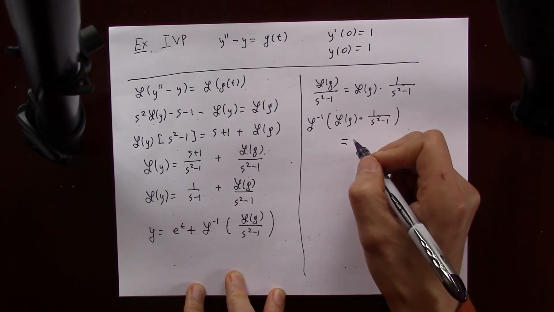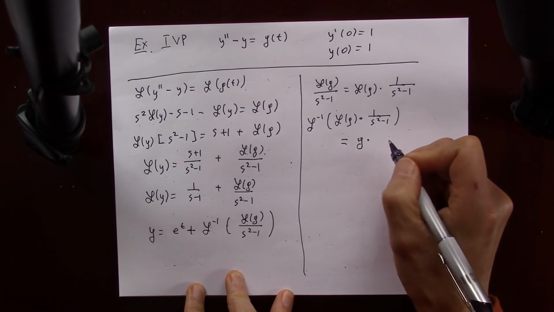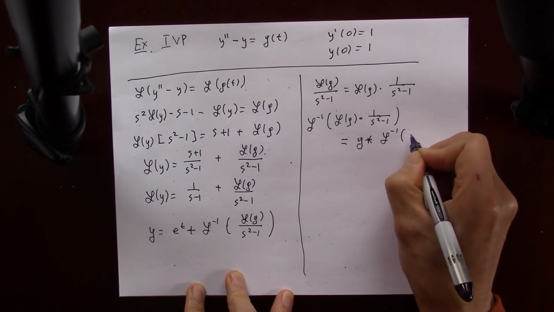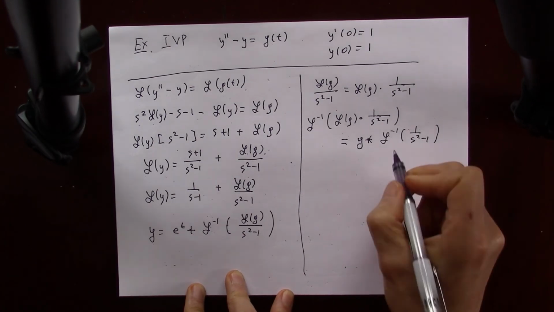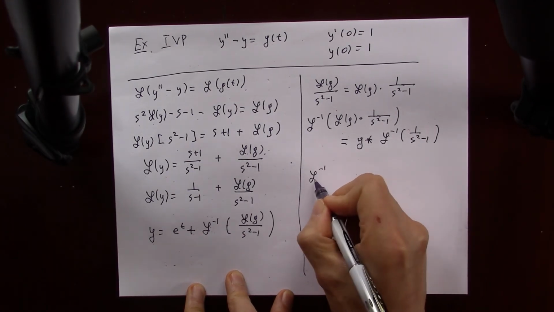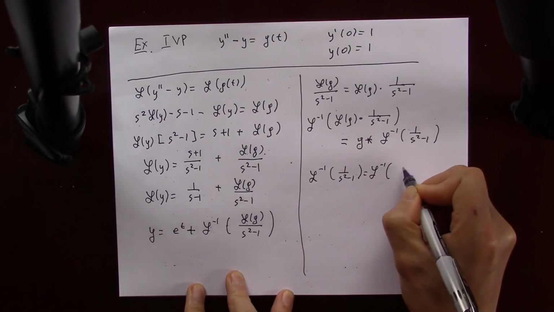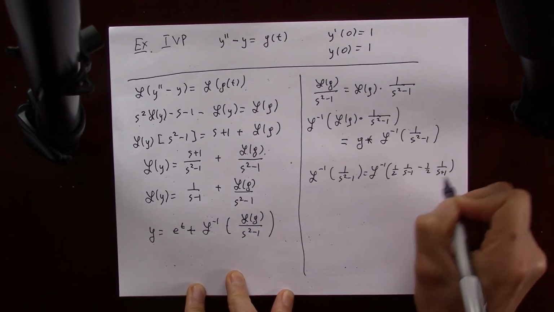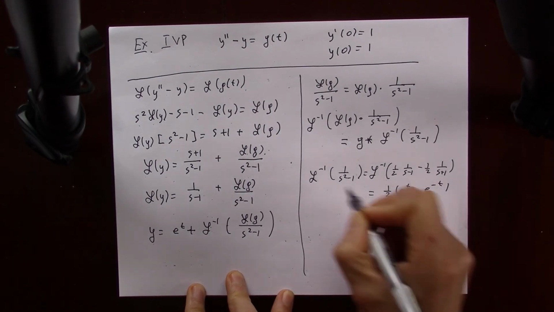It will be the convolution of Laplace inverse of the first one with Laplace inverse of the second one. So let's find Laplace inverse of 1 over s squared minus 1. That is Laplace inverse of 1/2 times 1 over s minus 1 minus 1/2 times 1 over s plus 1, so it equals 1/2 times (e to the t minus e to the negative t).